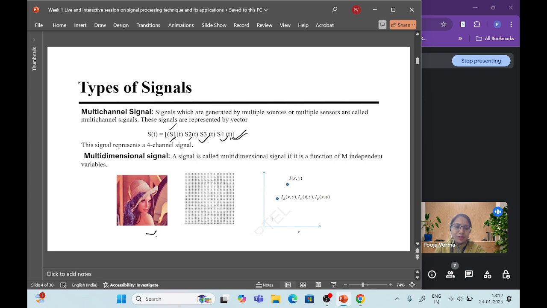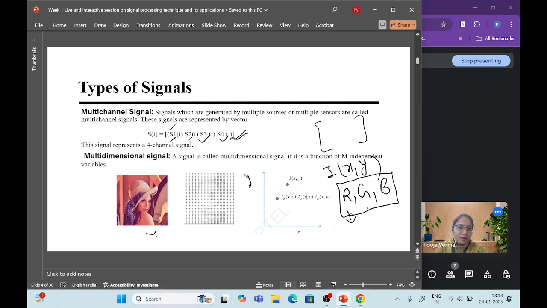It can be represented in x and y. An image is represented by I(x, y), and it is also represented by a two-dimensional matrix, and it has three values, R, G, B. Any image can be black and white, or it is basically a combination of three channels or three colors, that is called a color image.